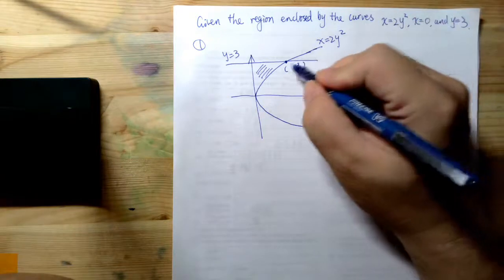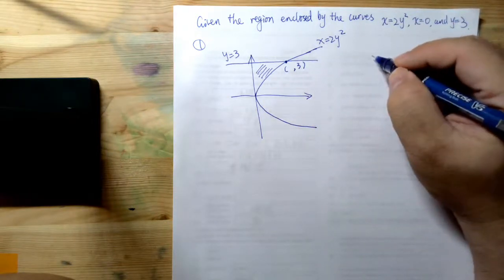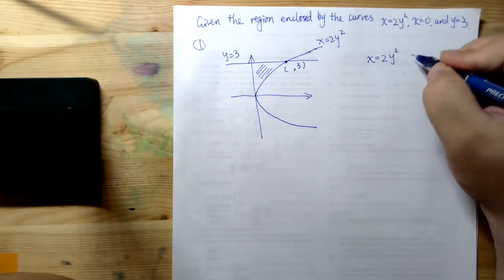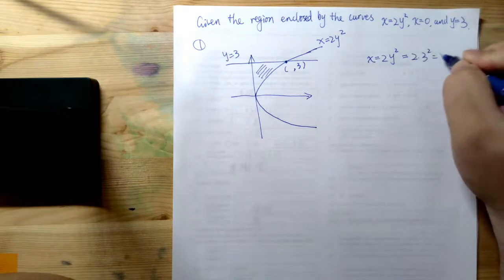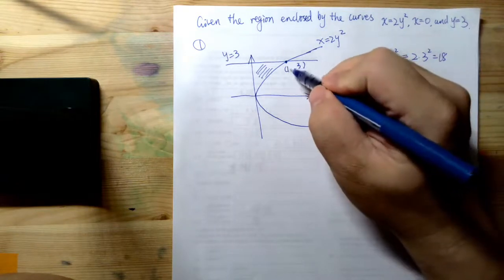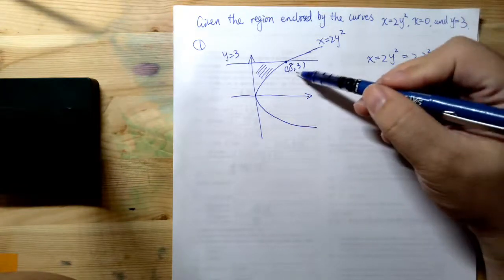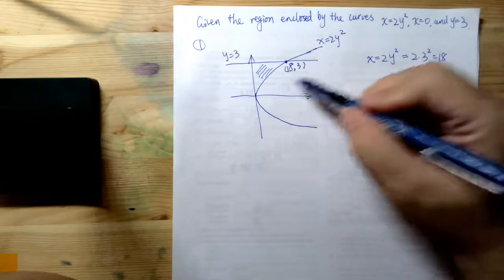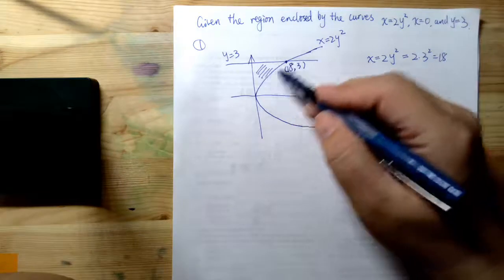Well, it's also a point on this equation, x equals 2y squared, and y equals 3, so it's 2 times 3 squared, which gives us 18. So this is 18. Apparently, guys, the scale is not matched. It should be a very long and low curve. But anyway, you got the basic shape here.